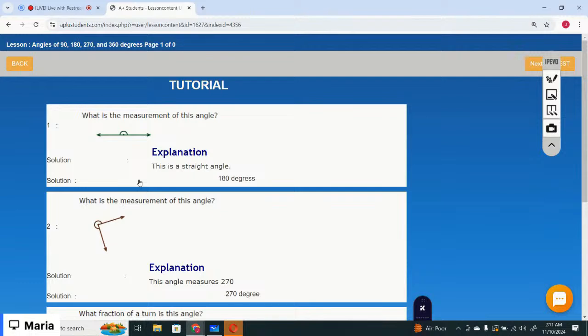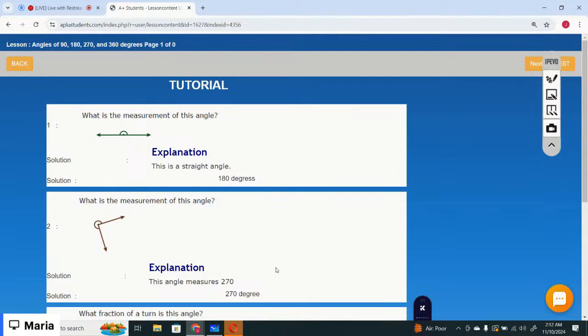What is the measurement of this angle? This is a straight angle, right? And straight angle measures 180 degrees. Just look at the next example.